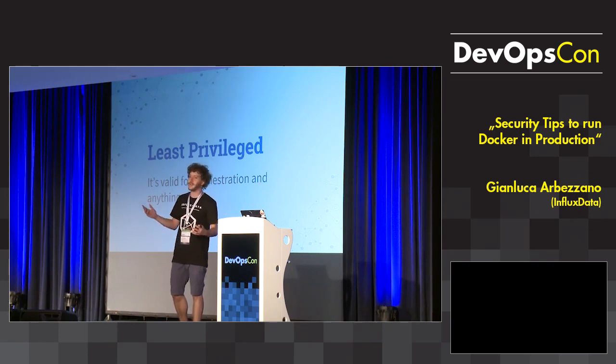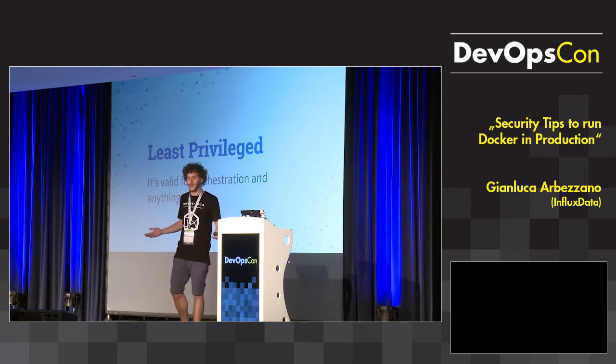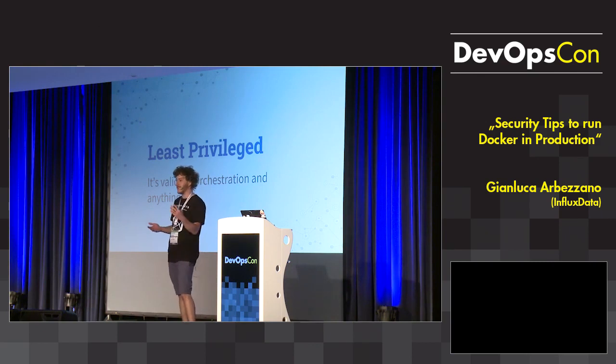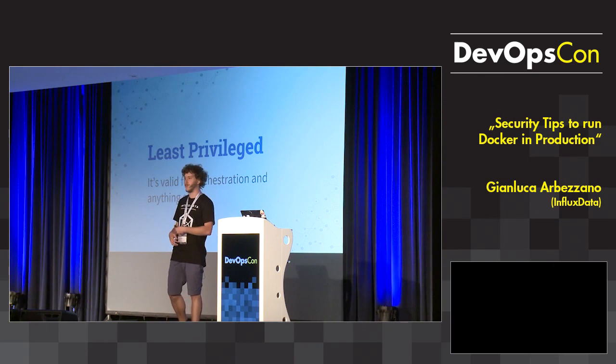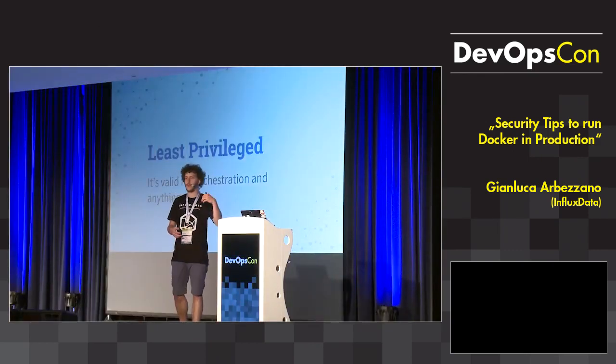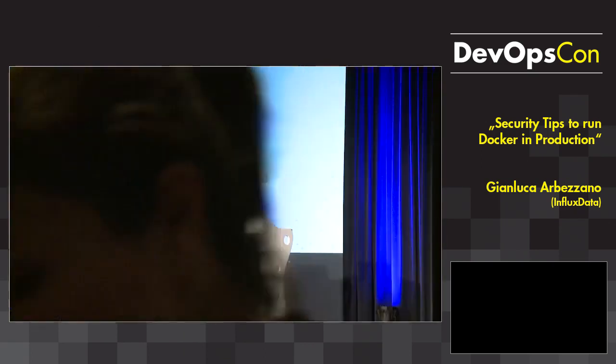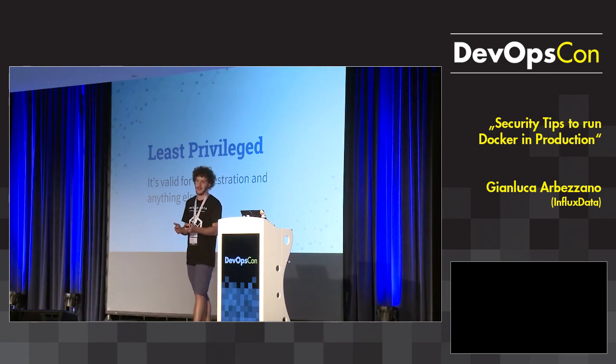Well, it was already there because Ubuntu has a lot of packages and CentOS has other packages, and I just have that dependency, I don't know what to do. Well, least privilege means removing everything that is not used or necessary. You are going to have a double win, not just from a security point of view, but also from the size of your project. Your project is going to have less code, and it's going to be easy to maintain. That's the idea. What isn't there cannot be broken.